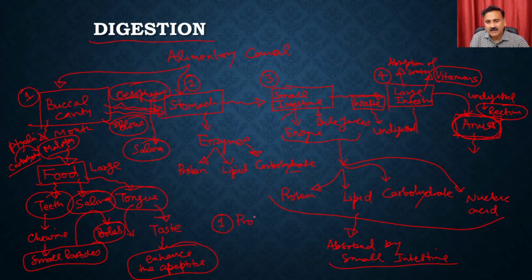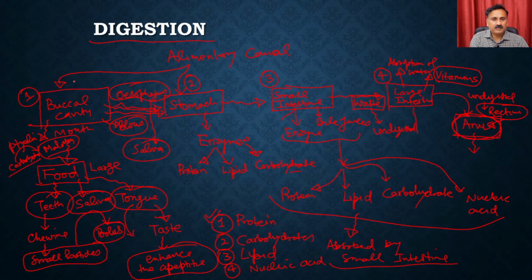We have the proteins, we have the carbohydrates, we have the lipids, right, and then you also have the nucleic acids, which are going to be digested from the food, so that you get the raw material for these biomolecules, and then you can use that raw material as per the requirement in the system.